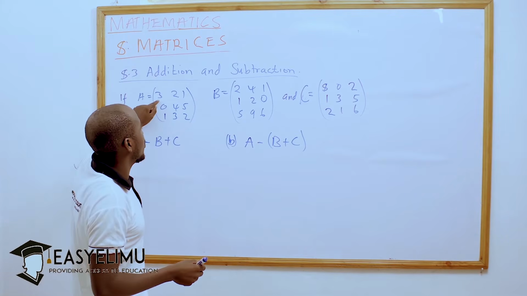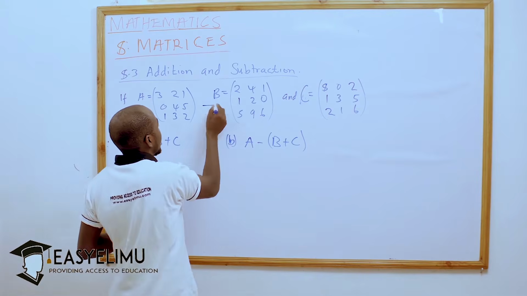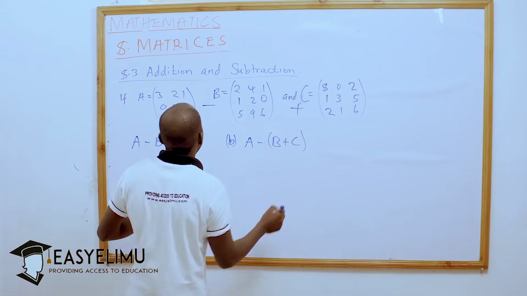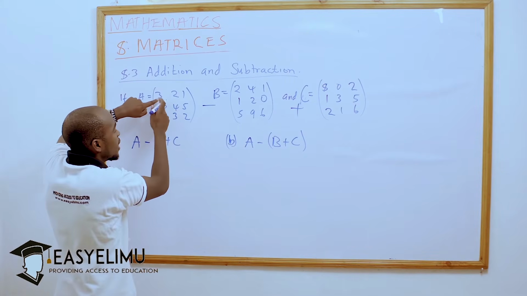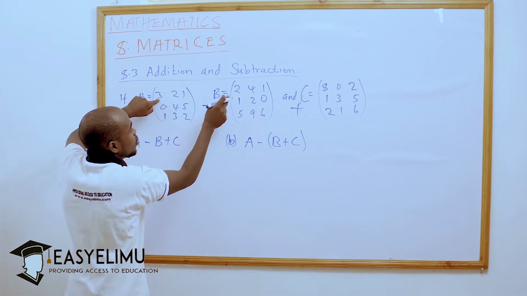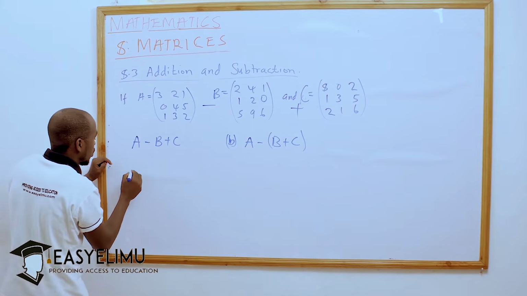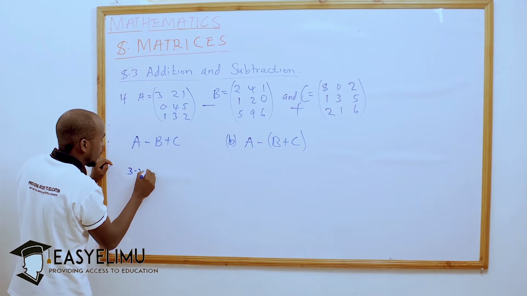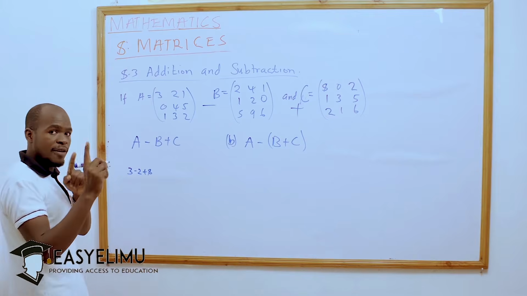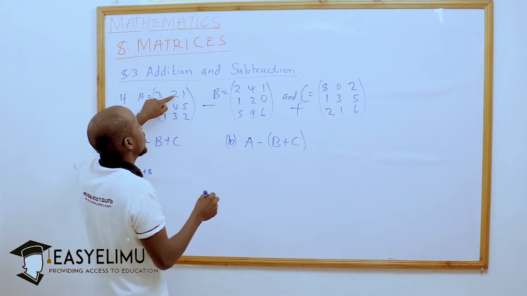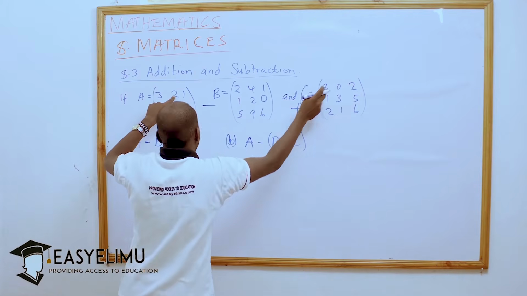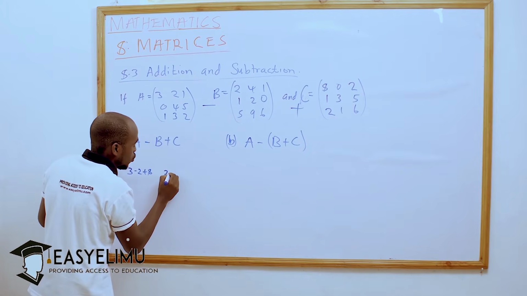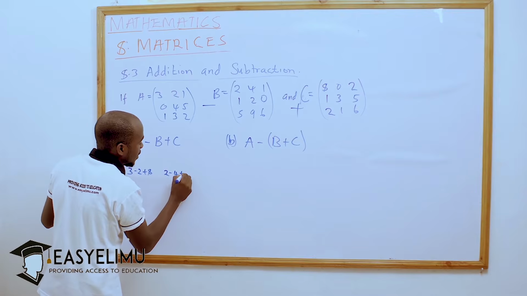If it is minus here and plus there, then the first corresponding element will be 3 minus 2 plus 8. That's the first element. The next element will be 2 minus 4 plus 0.